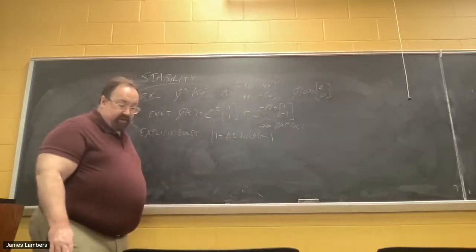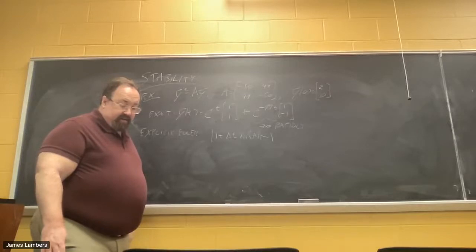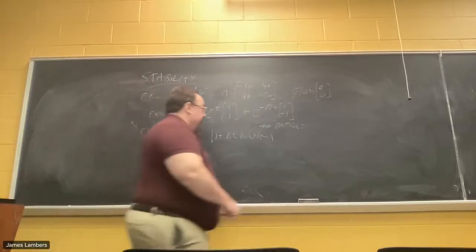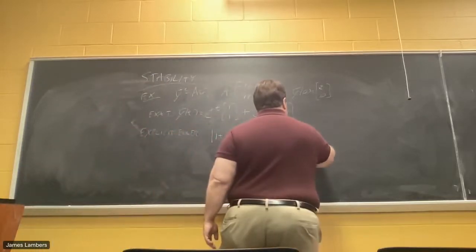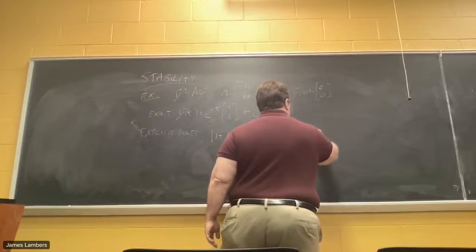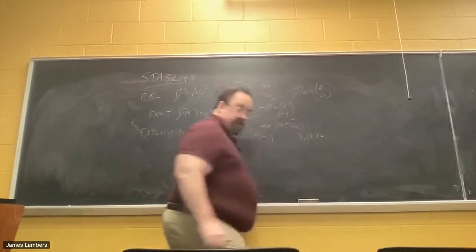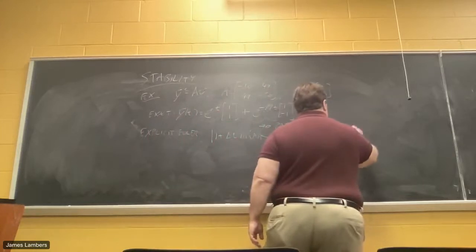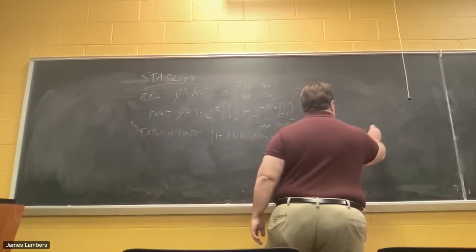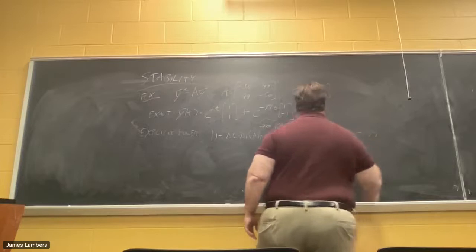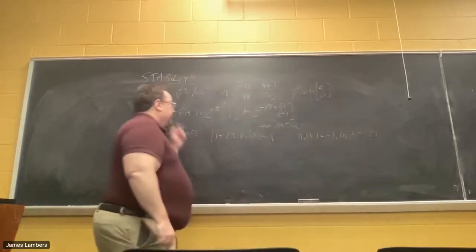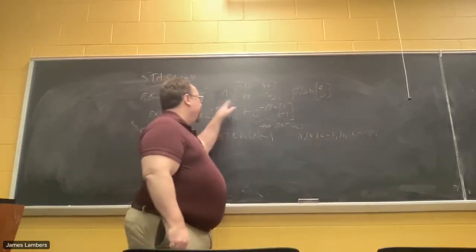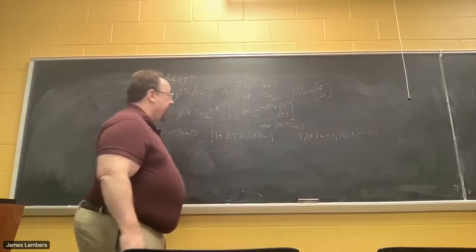And in this case, the eigenvalue lambda 1 is equal to -1, and lambda 2 is equal to -99. So the two multiples of t that you see are in the exact solution.